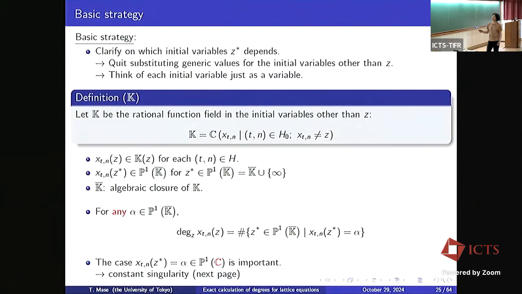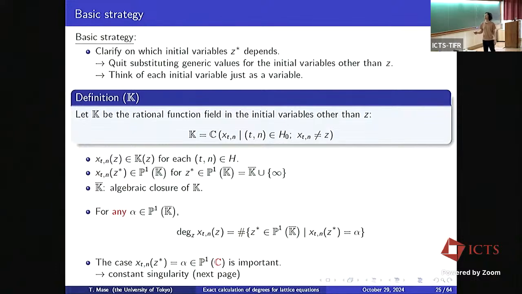Z star is the value substituted for z. So we must quit substituting generic values for the initial variables other than z. So we should think of each initial variable just as a variable. So that initial variable is just initial variable, not a value, not a scalar value.